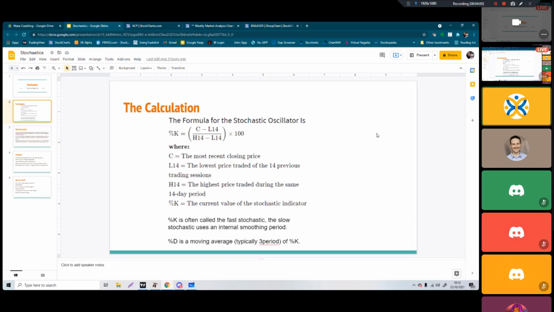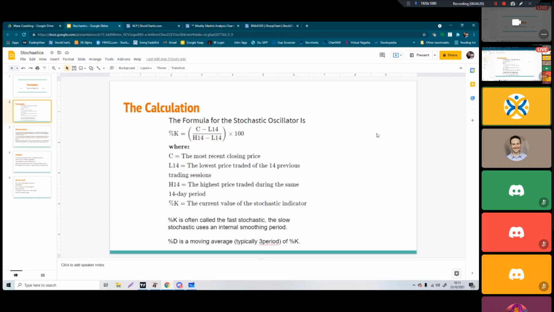You can then take a moving average of that as a signal line, which kind of smooths it out a little bit. And that's known as %D, and you'll see that on pretty much all stochastic parameter setups. Typically, that's a 3 period. So by default, I would say a 14 and 3.